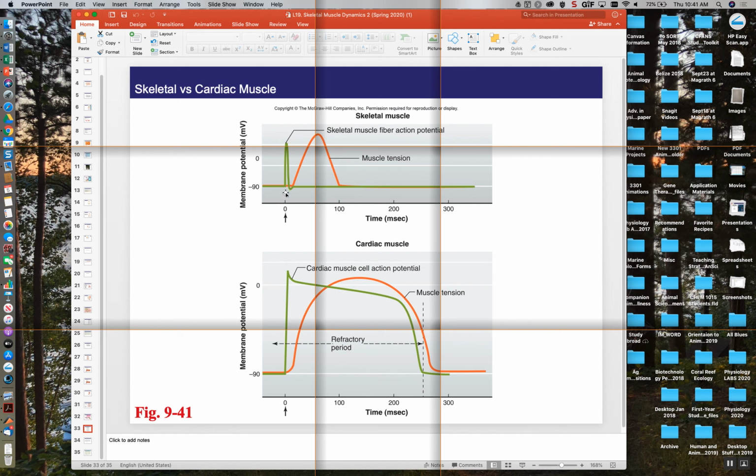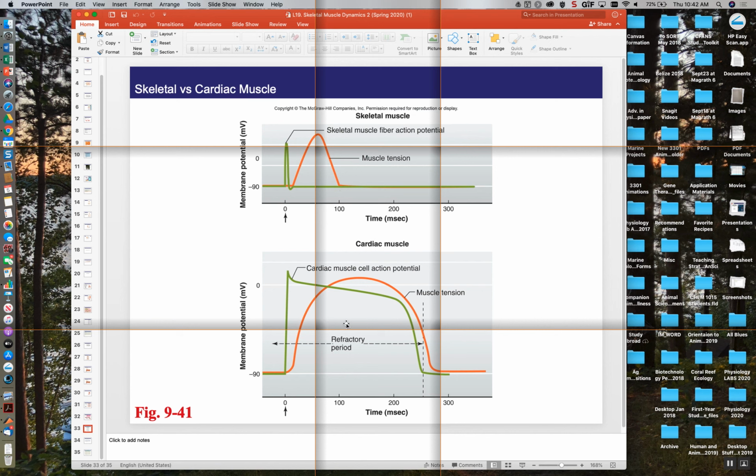It's only about 5 milliseconds in duration. And again, remember, you always have to have the electrical current first and then contraction. So the orange line is basically contraction. This is an increase in force generation, and then relaxation.